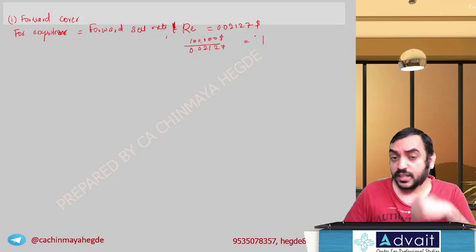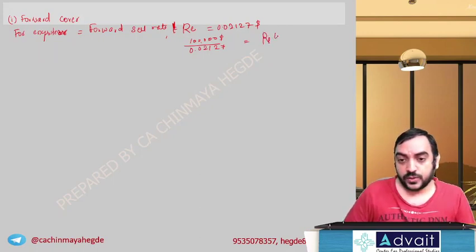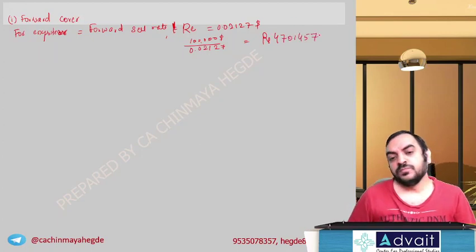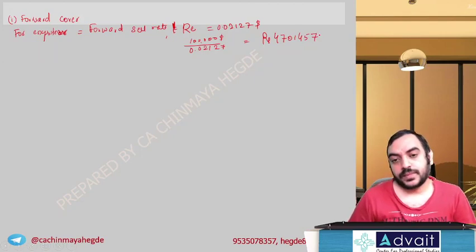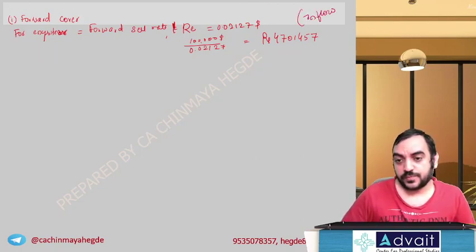Because dollars was there, we applied the conversion rate, we get rupees. 47 lakh 1,457. And this is for an exporter, so this will be your inflow.